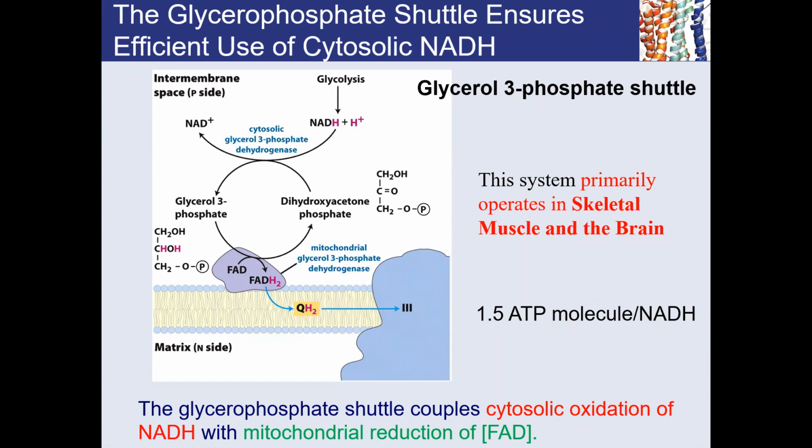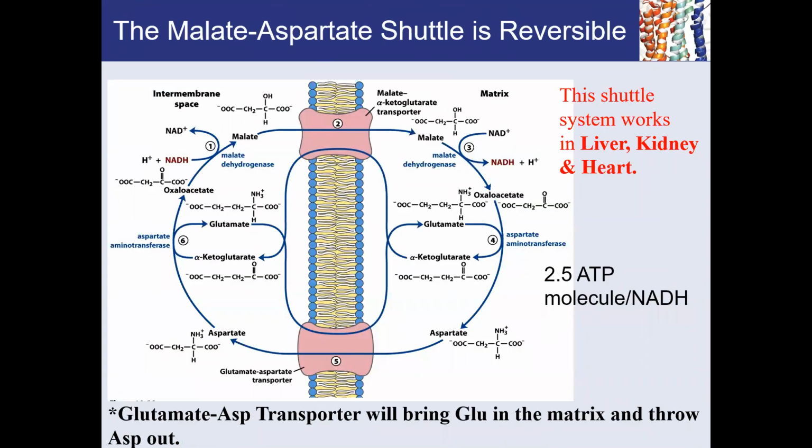Okay, so this glycerophosphate shuttle couples cytosolic oxidation of NADH with mitochondrial reduction of FAD. And this shuttle system operates in skeletal muscles and brain, where you'll have tons of NADH molecules. Very, very cool, right? What about the second shuttle system, which is the malate aspartate shuttle?